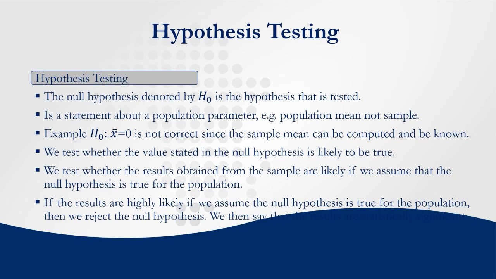The null hypothesis in statistical testing is the hypothesis that we are testing, and it's denoted by H0. So when you see H0, you know it's the null hypothesis. As I've said, it's a statement that we make about a population parameter, about the population mean.